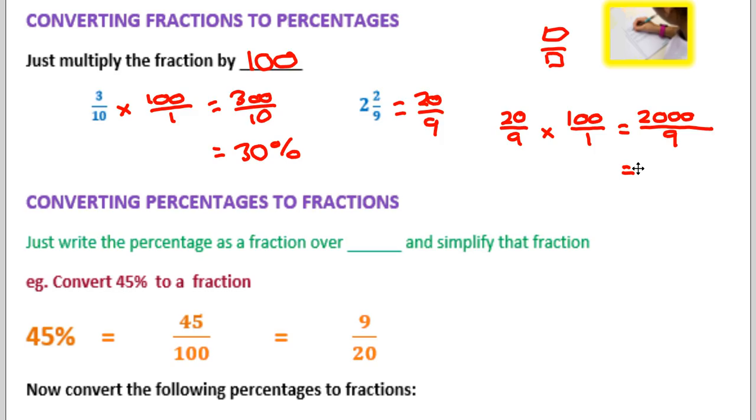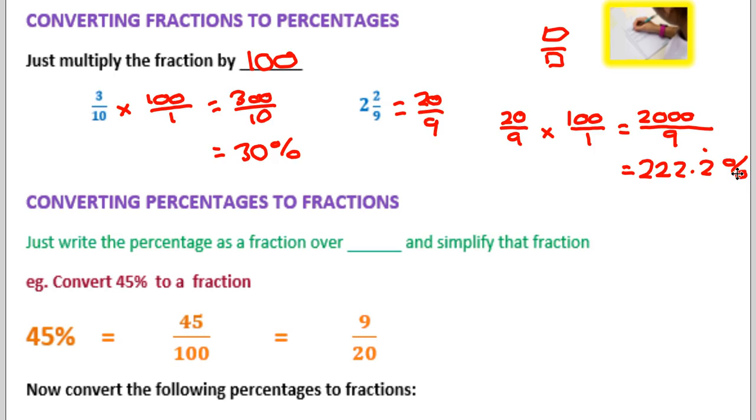So 2,000 divided by 9. You might get a kind of recurring number. So you get a big percentage. So you get 222.2 recurring percent, which is possible.